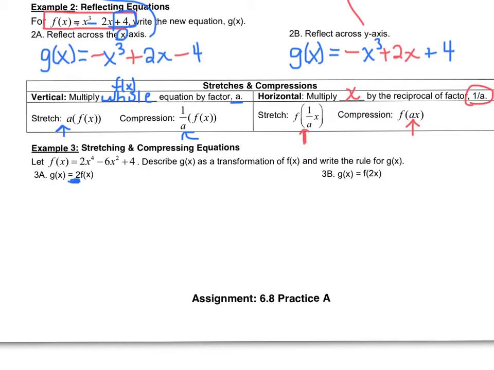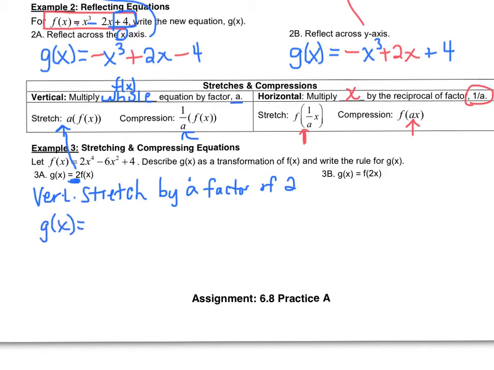Since 2 is a whole number, it's a vertical stretch. So first we'll jot that down. The factor is 2, because that's the whole number out front. So we say a vertical stretch by a factor of 2.